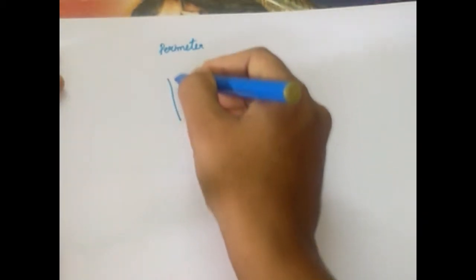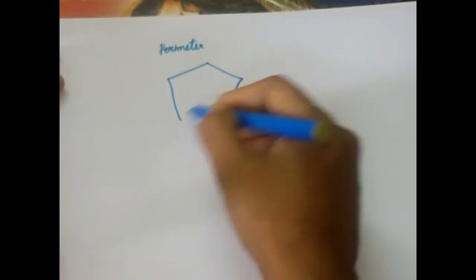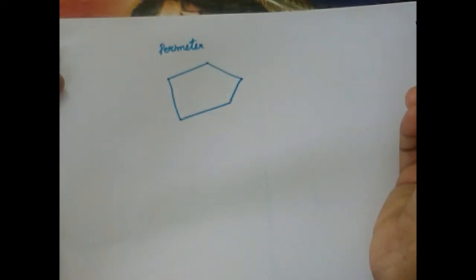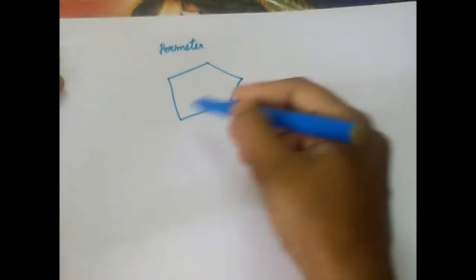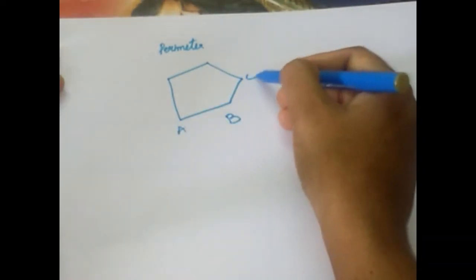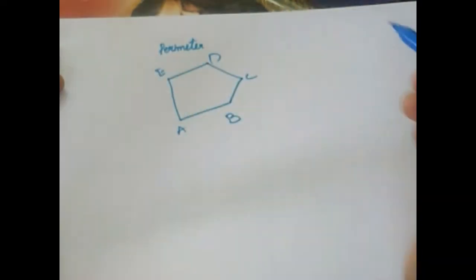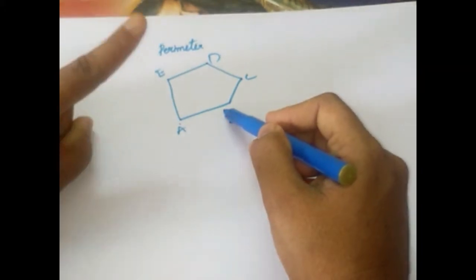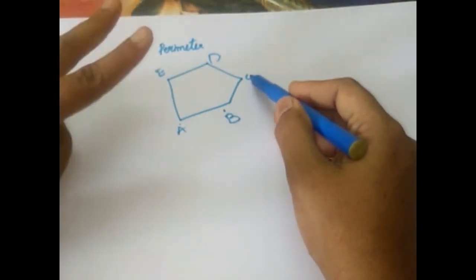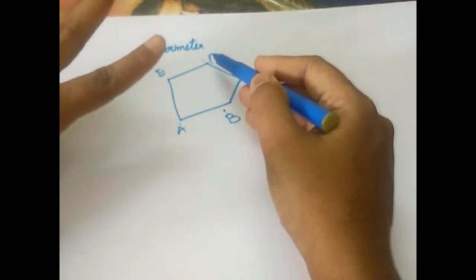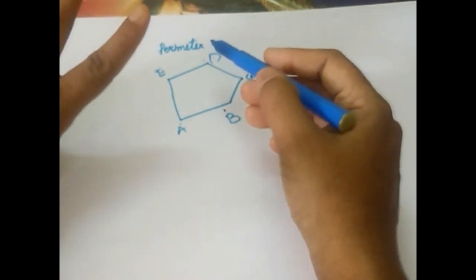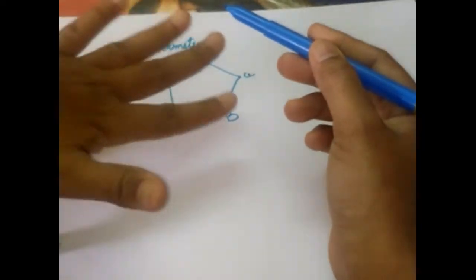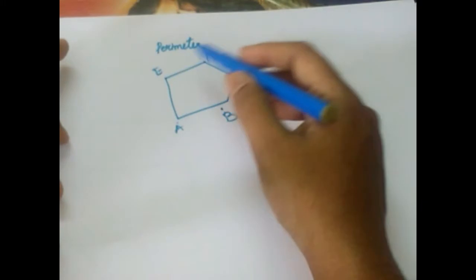So, if I have a diagram like this, I can call this a closed figure. Let me name this A, B, C, D and E. How many line segments can you find here? AB 1, BC 2, CD 3, DE 4, AE 5. Here I can find 5 line segments.